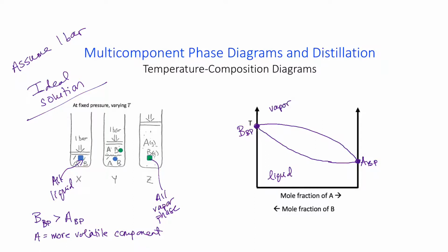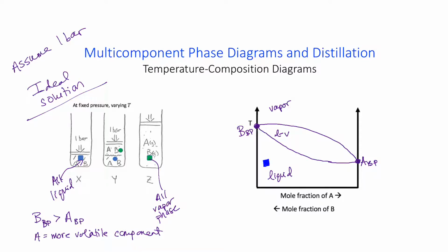This region in between is where we have a mixture of liquid and vapor. Comparing to our picture that we discussed over here, this is where we would have our blue squares.